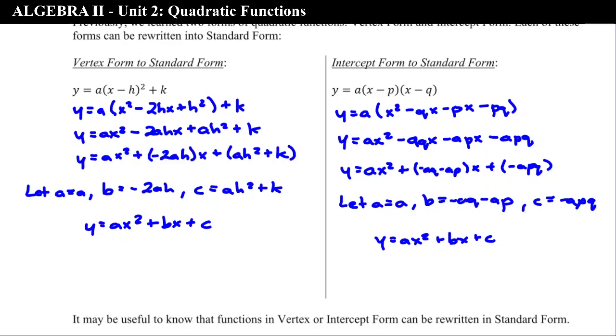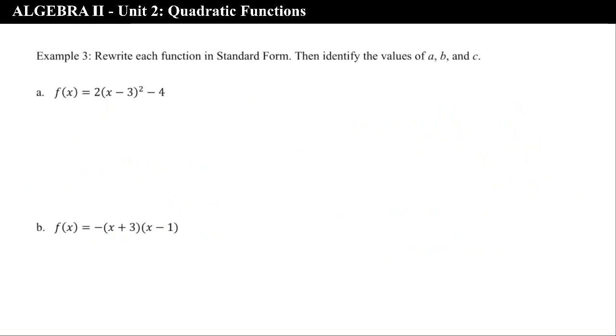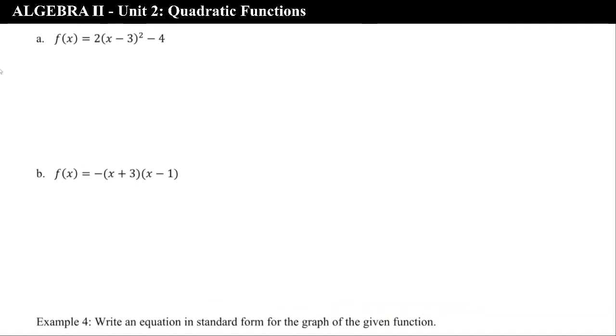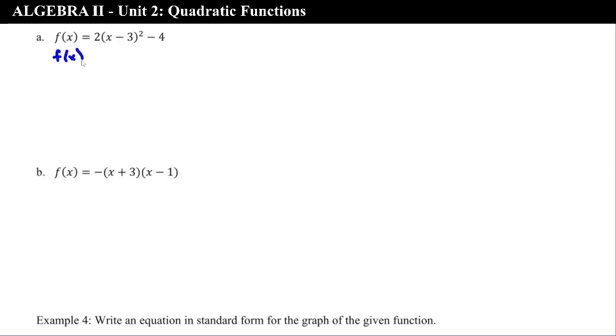Now I know this seems complicated, but when we go to these examples, it becomes much easier because we can simply rewrite things. So let's rewrite each function in standard form, and then we'll identify the values of a, b, and c. So let's start with a here. If we want to rewrite this, all we have to do is multiply our binomial. So we get x squared minus 6x plus 9 minus 4.